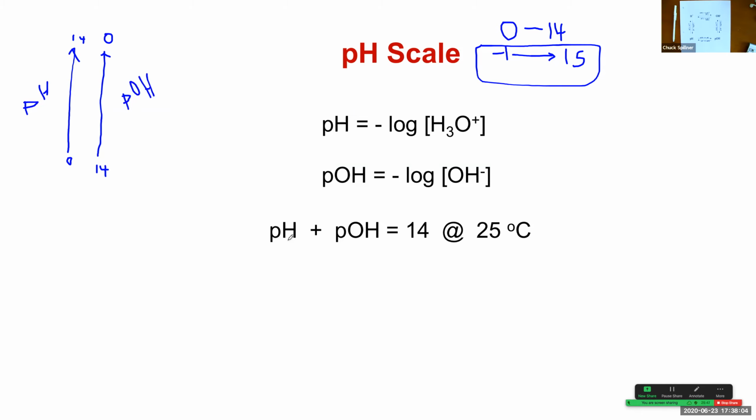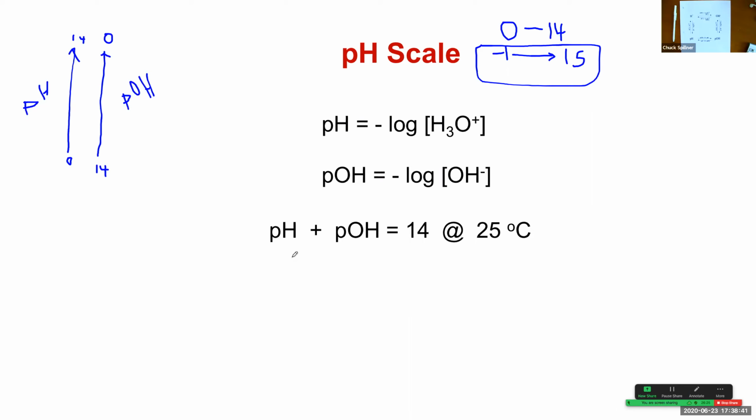And this is a result of the ionization product constant. You know that we wrote the equilibrium constant expression for water, where H plus, or H3O plus, times hydroxide ion equals 1 times 10 to the minus 14. If you convert the H3O plus to pH and the hydroxide ion concentration to pOH, you'll find out that pH plus pOH is equal to 14.